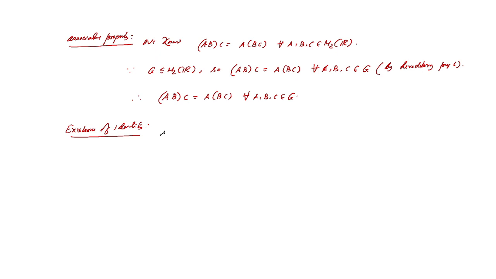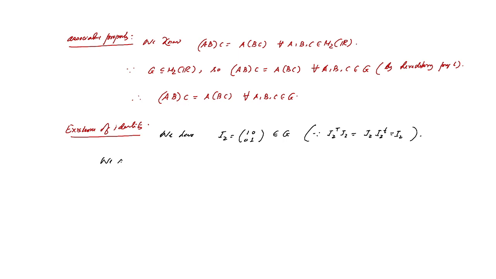So we have I2, that is the matrix 1 0 0 1, and it belongs to G. Why? Because I2 transpose I2 equals I2 I2 transpose, and this will be again I2, because it is an orthogonal matrix.